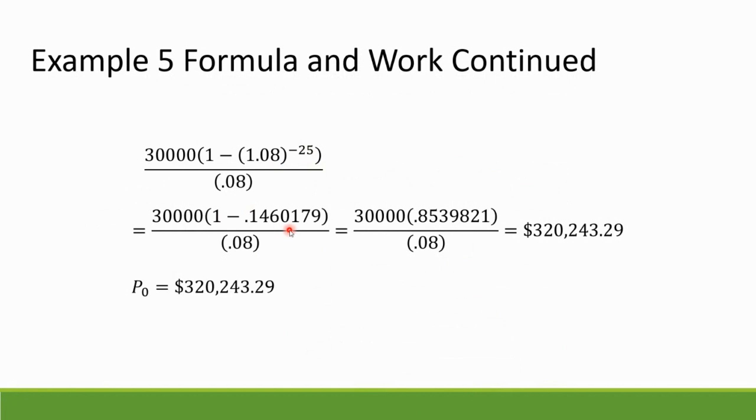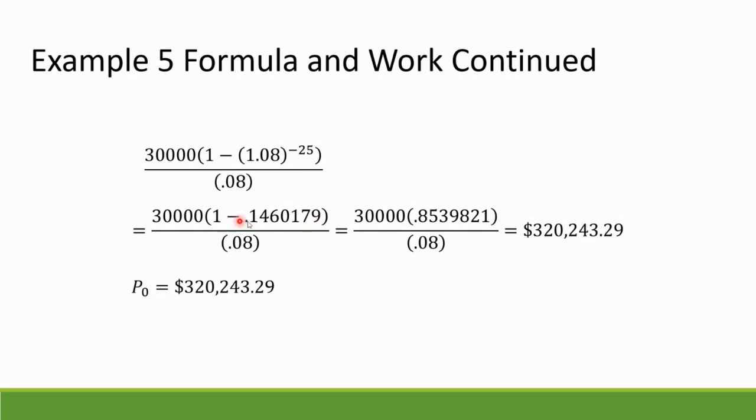Normally I would tell you how many decimal places to round to, and for money generally it's going to be 2 decimal places. Here, notice I'm using more than 2. I'm using 7 decimal places here. You want to use more than 2, definitely. In intermediate calculations, I probably would use 4 at least.